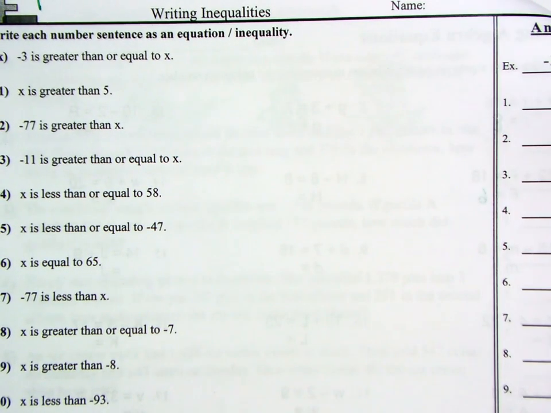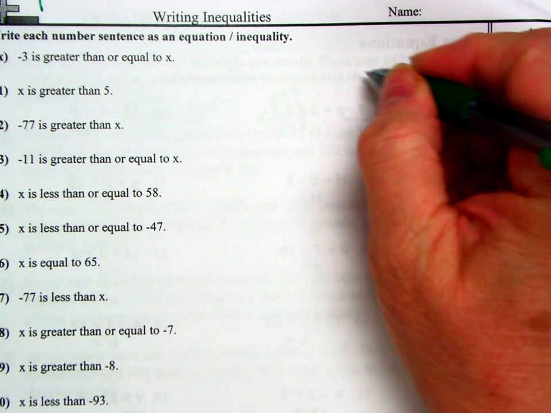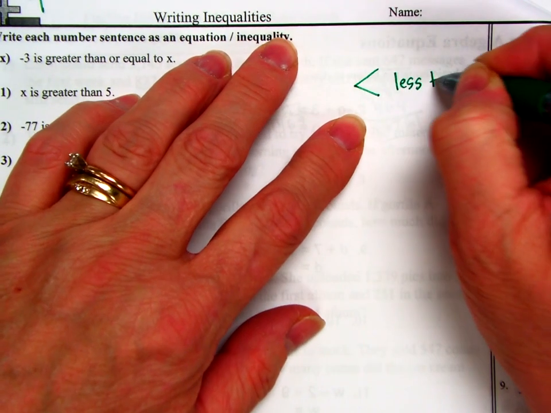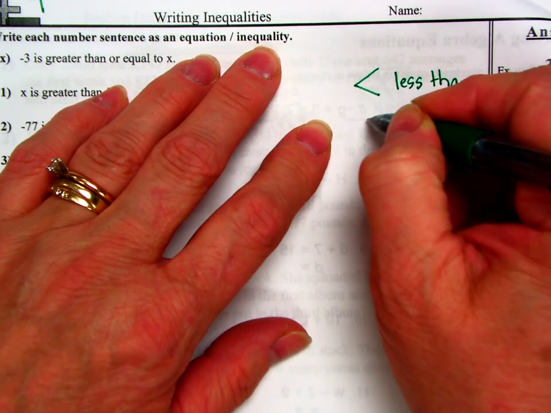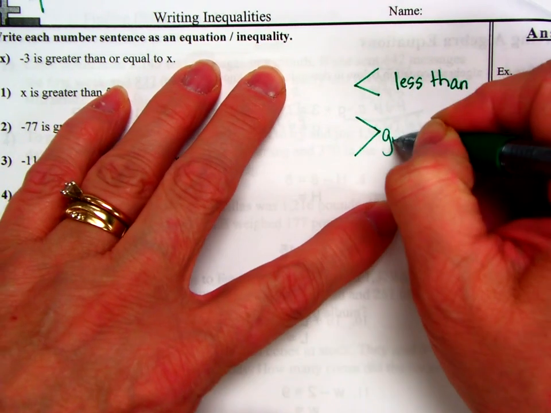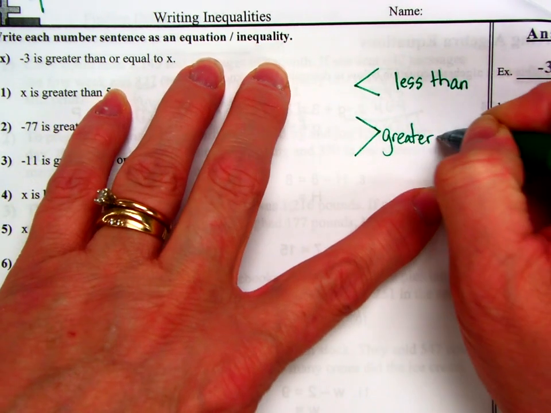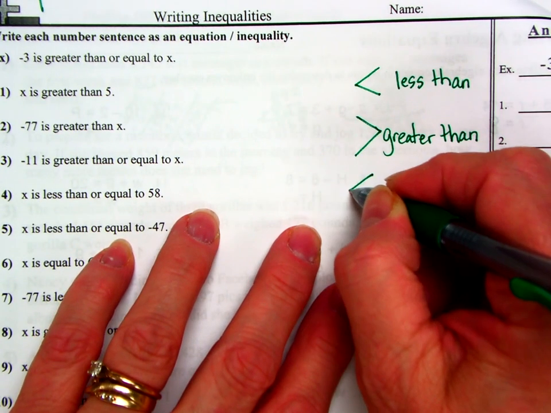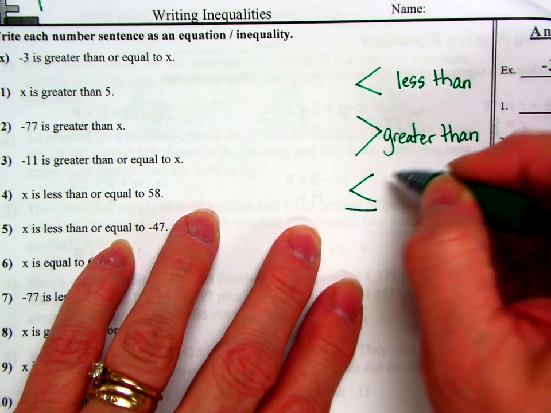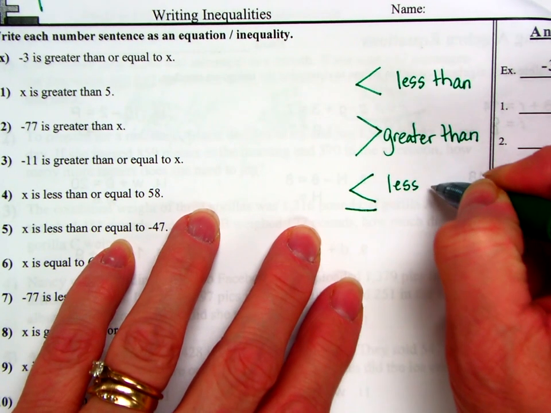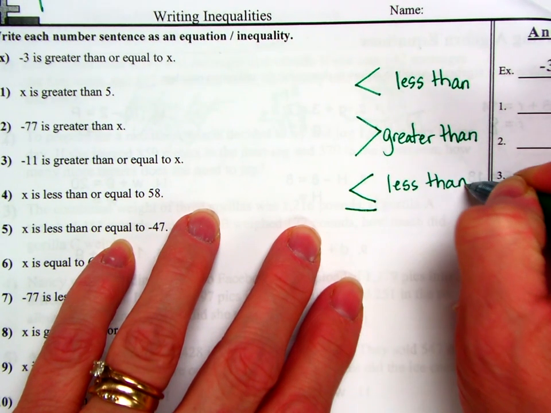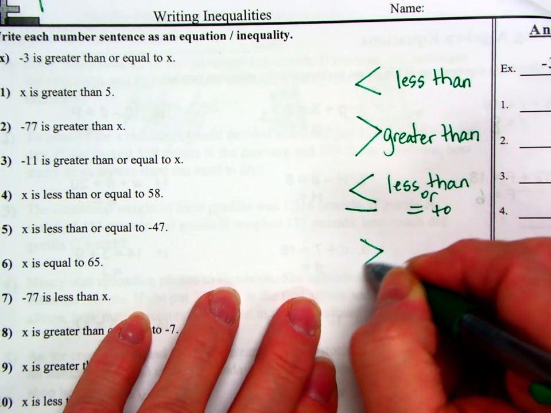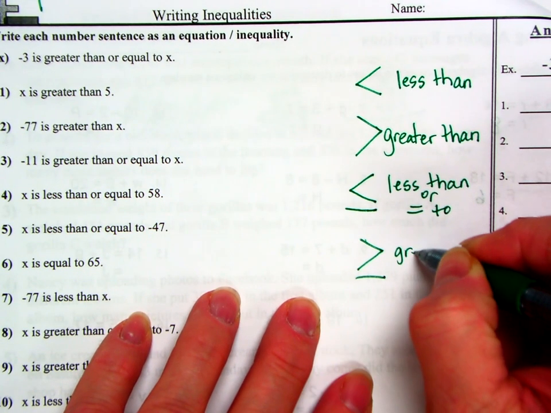We have 4 different symbols, though, that we can use for this, and they are less than, greater than, this is less than or equal to, and this is greater than or equal to.